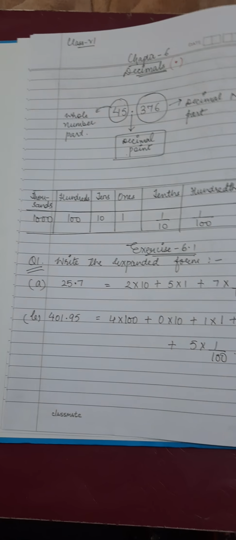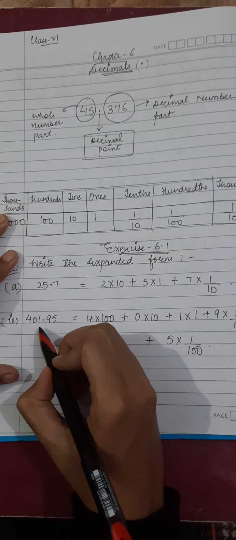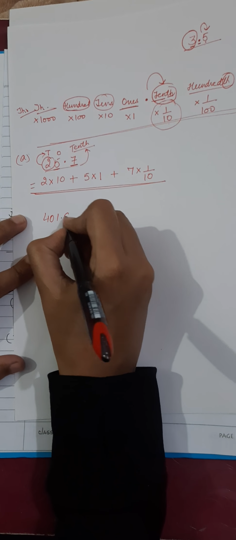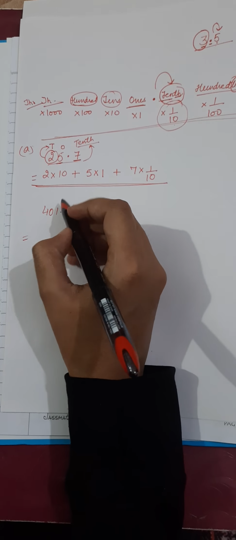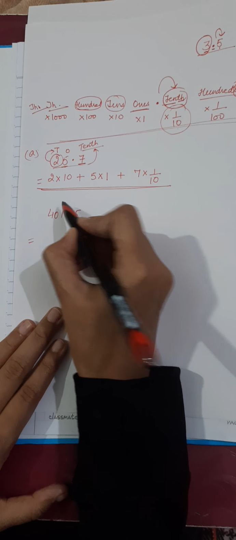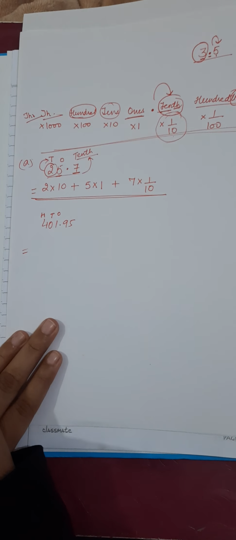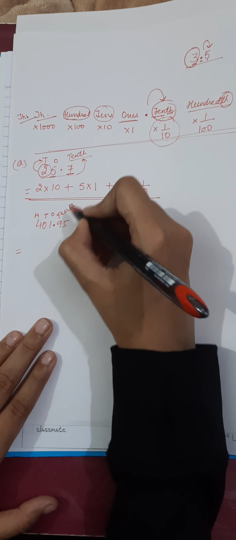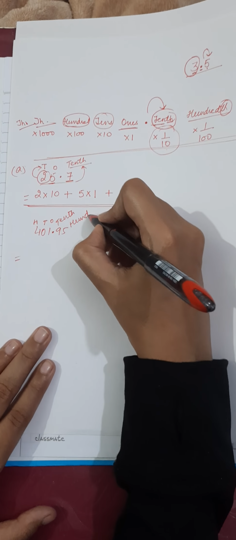Let us do B part. 401.95. Again, before the decimal ones, tens, hundreds, and after the decimal this 9 is at 10th place, 5 is at 100th place.